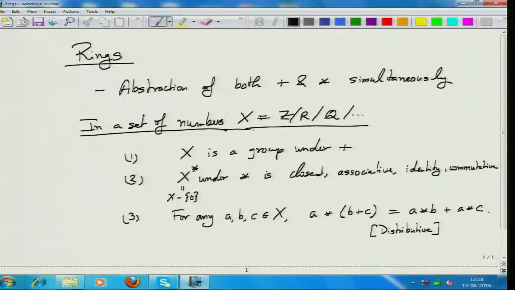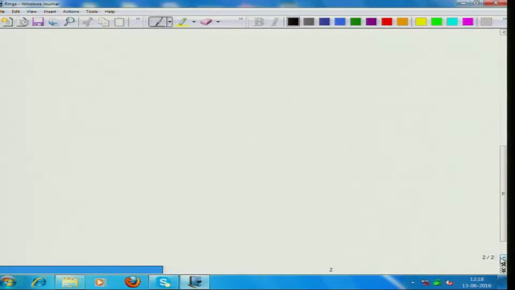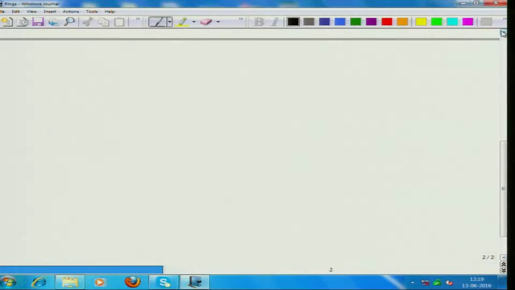And this property captures what happens when we do addition and multiplication simultaneously. So A multiplied with B plus C is the same as A multiplied with B and A multiplied with C added to it. So these three are the properties we can abstract out when working with any set of numbers. And this is what is a ring.